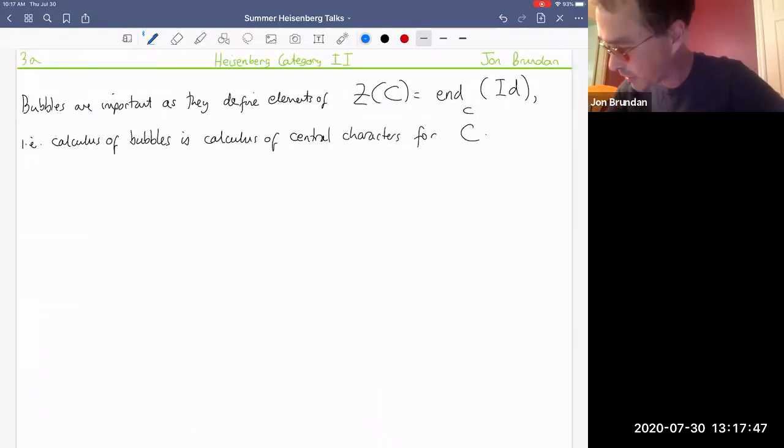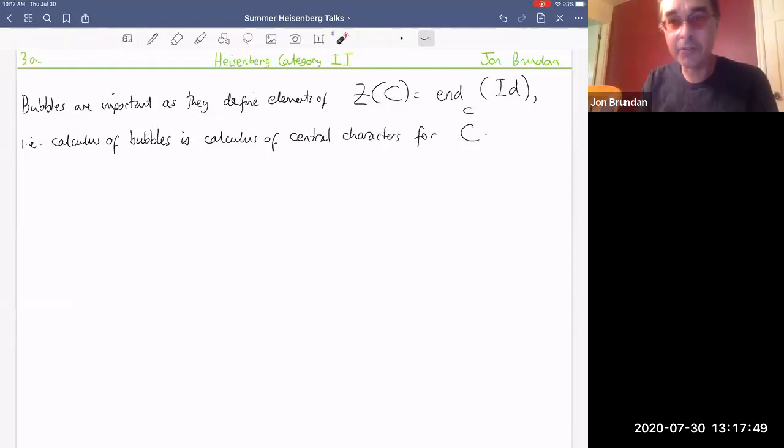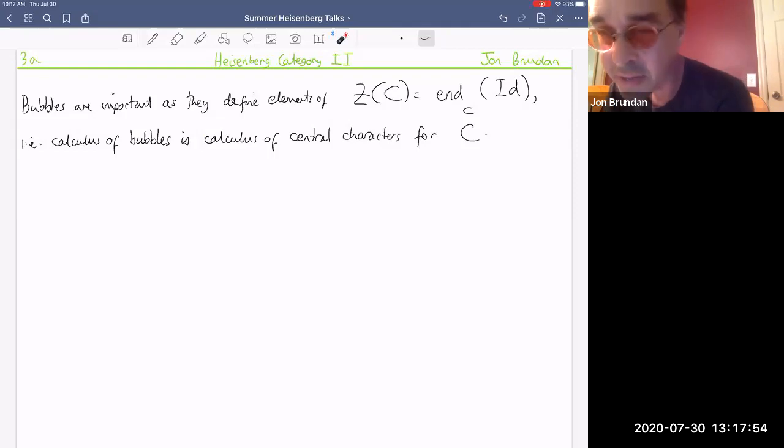Okay, so I'm trying to build this calculus of this Heisenberg category a little bit. Bubbles, these dotted bubbles, they're very important in this theory. They're just elements of the center of the Heisenberg category, endomorphisms of the unit object.